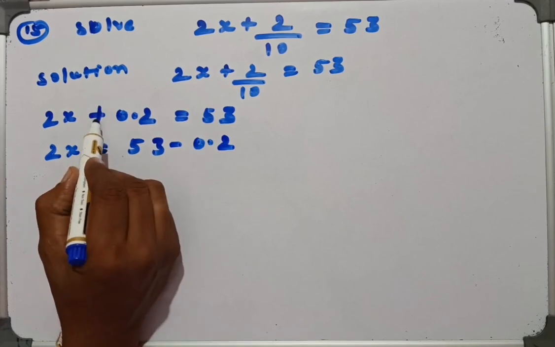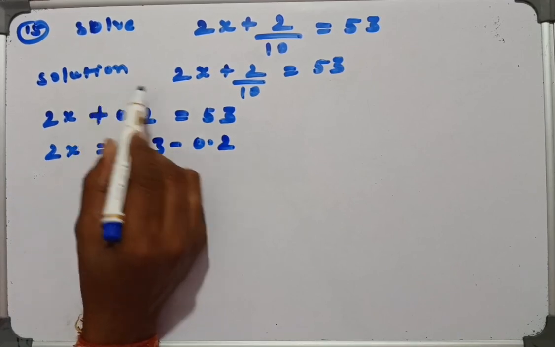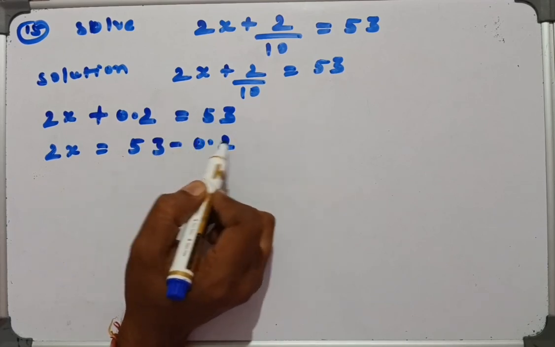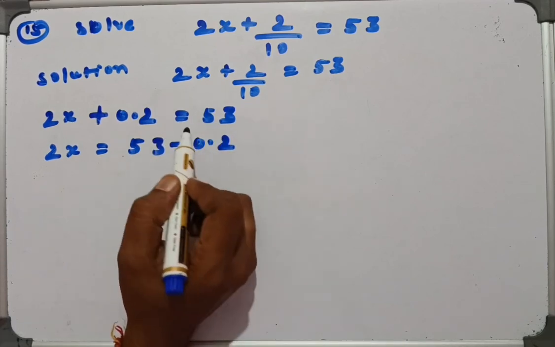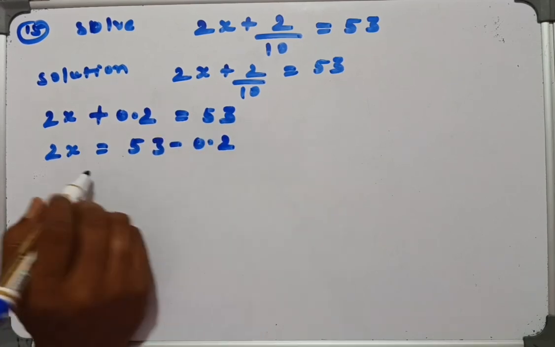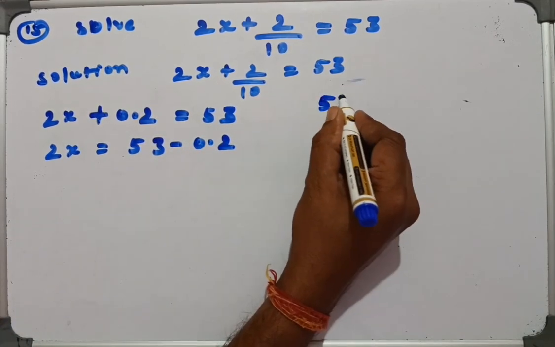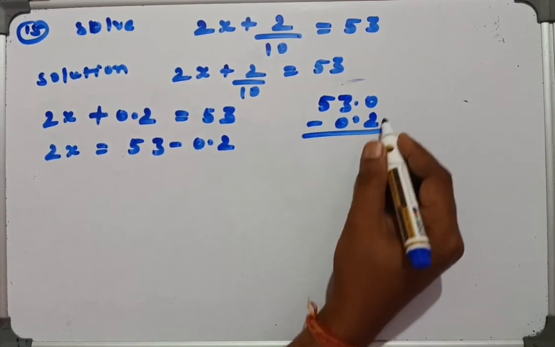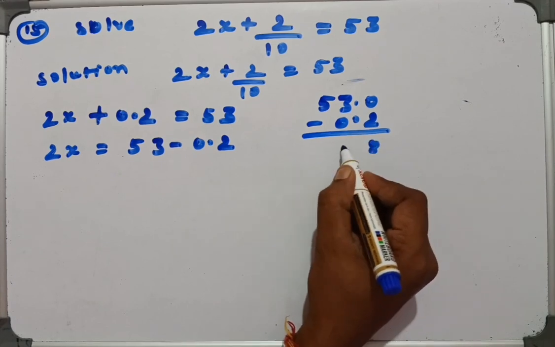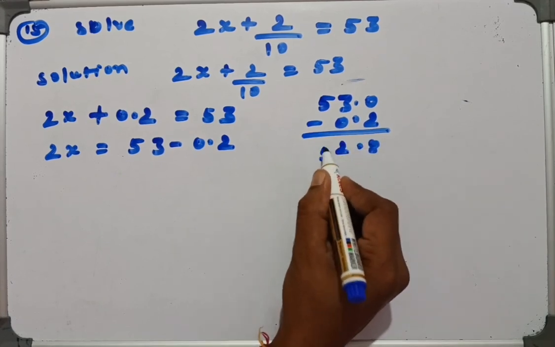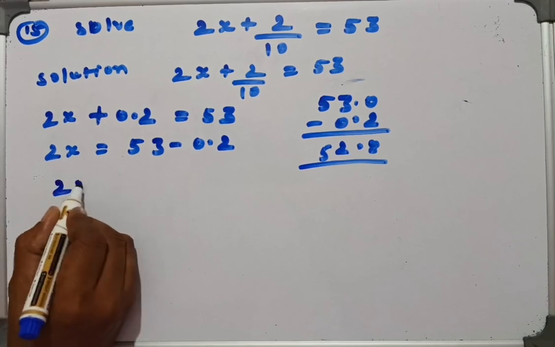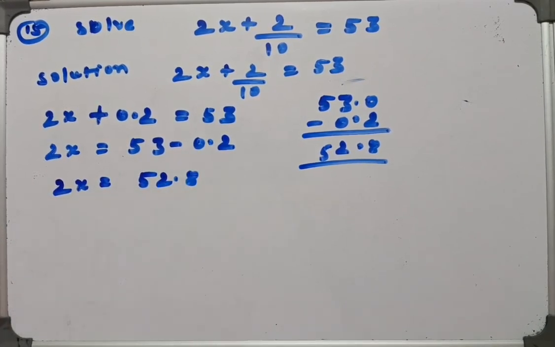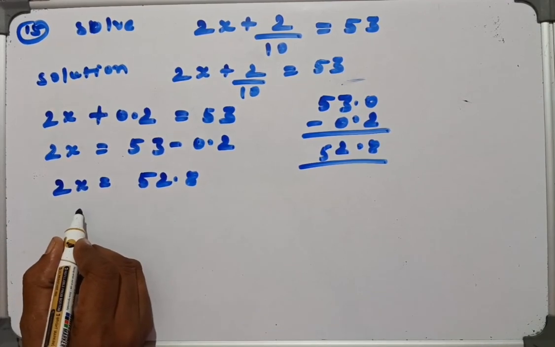You guys remember, when a plus sign goes left to right, then it becomes a negative sign. Then 53.0 minus this one equals 52.8. Now 2x equals 52.8 here.